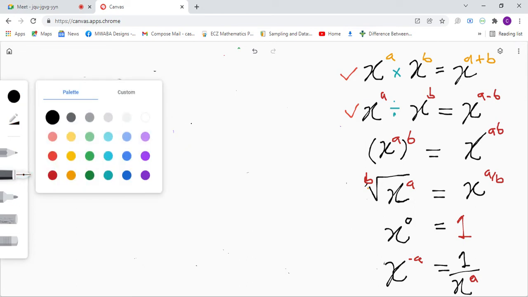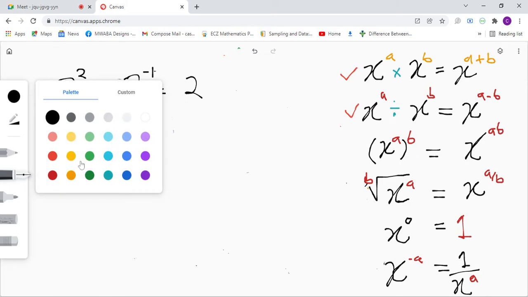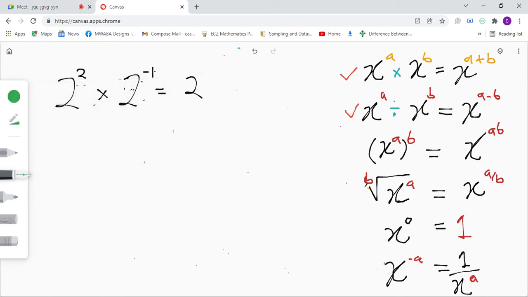So for example, you have 2 to the power 2 times 2 to the power -1. Here we've got our same bases, so we're just going to add the indices.